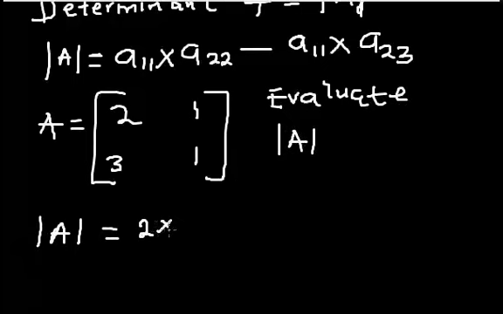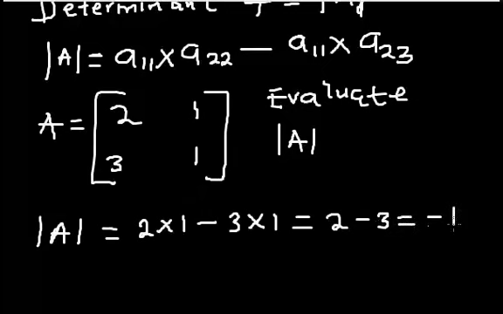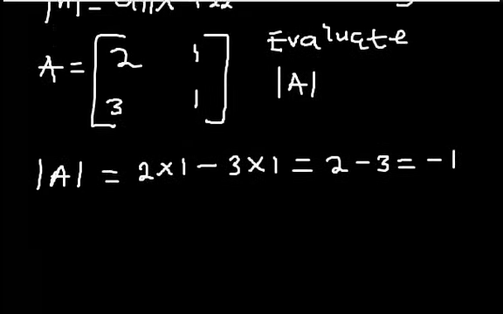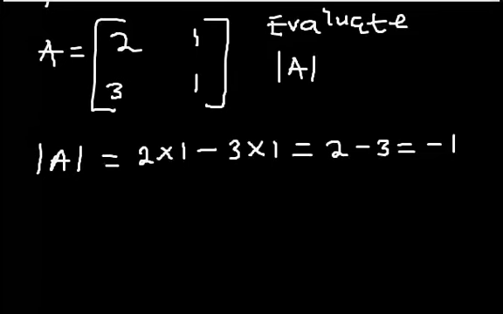The product of the major diagonal is 2 times 1, which is 2. Then minus the product of the minor diagonal, which is 3 times 1, which is 3. So 2 minus 3 is minus 1. As simple as that. Evaluating the determinant of a 2 by 2 matrix is very simple.